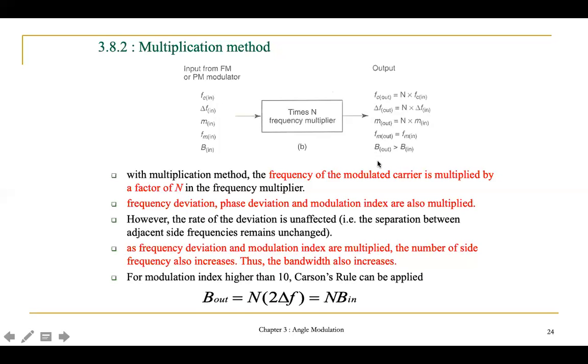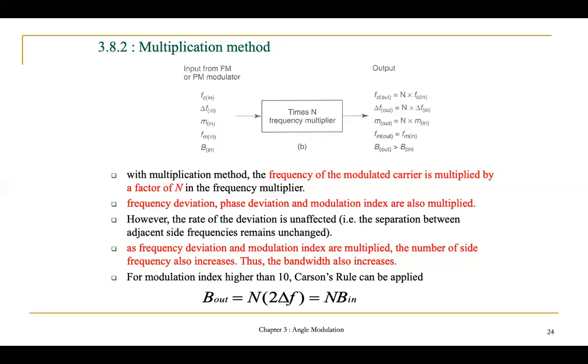That's why B out, the bandwidth out, is higher than the B in. So that's why it's stated here: as frequency deviation and modulation index are multiplied, the number of side frequencies also increases, thus the bandwidth also increases.